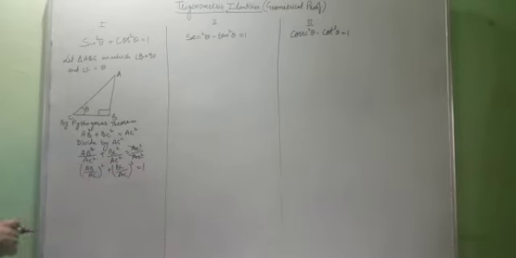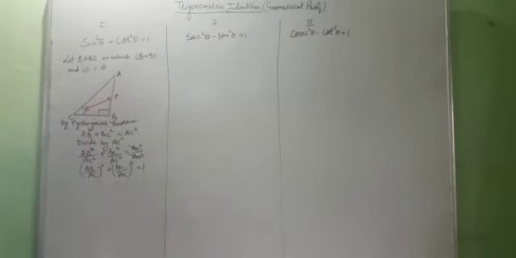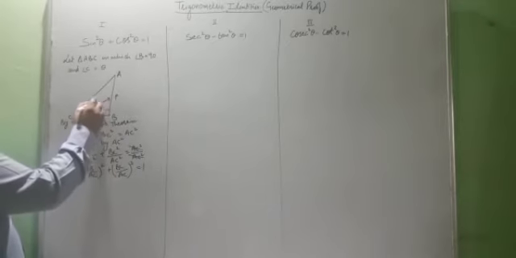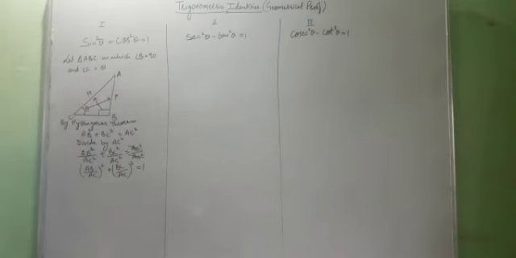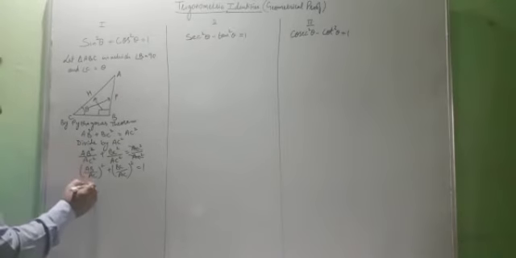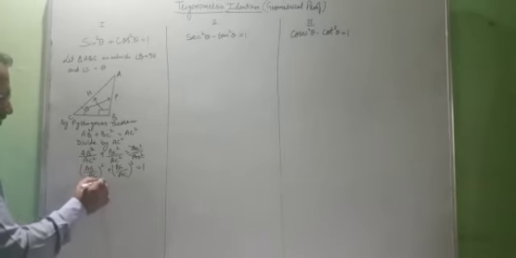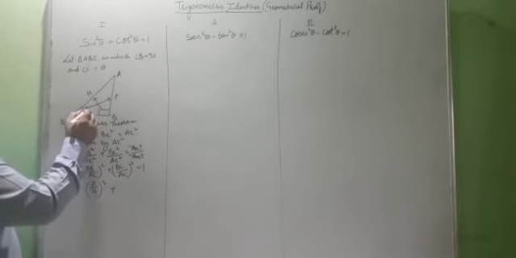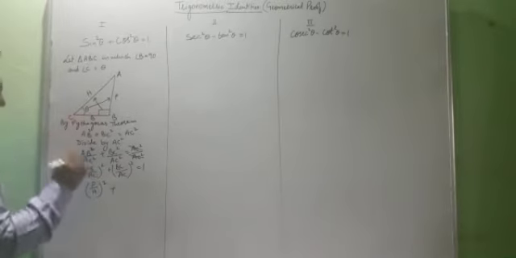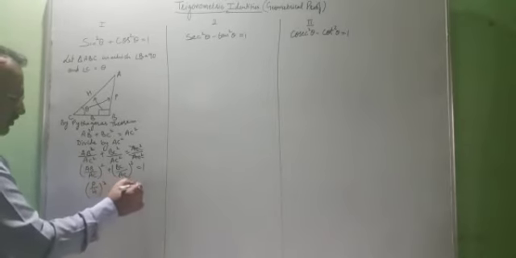1. Now look here. AB is coming opposite to theta. This is your perpendicular. AC is your hypotenuse. It is coming opposite to 90 degree. So you can write down P upon H whole square plus BC, BC is acting as base, so you can write down B upon H whole square.